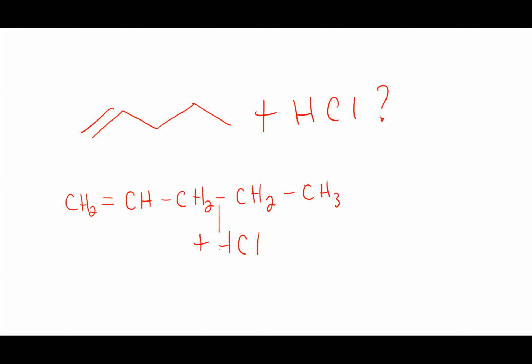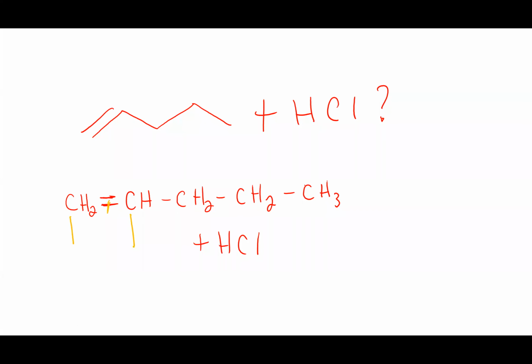And I'm telling you that the hydrogen goes with the carbon with the most hydrogens. So look at my double bond here on the left. I'm going to break that double bond. Okay. And I'm going to form new bonds.